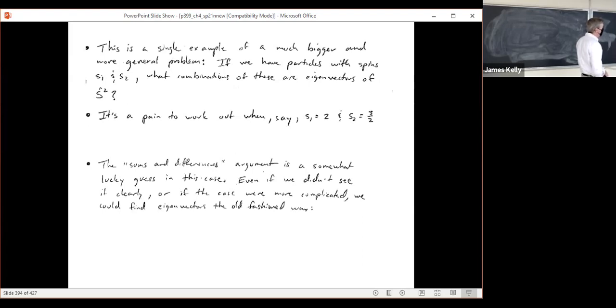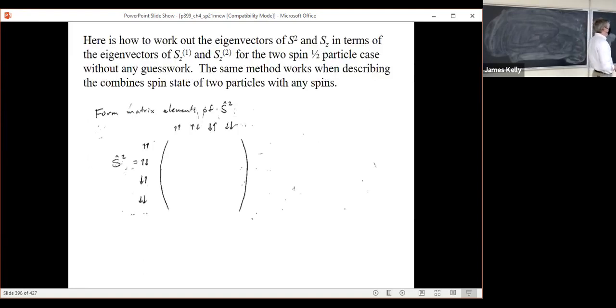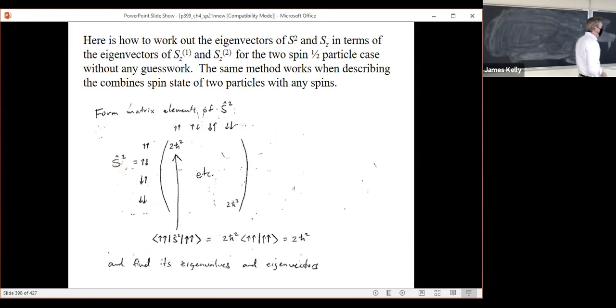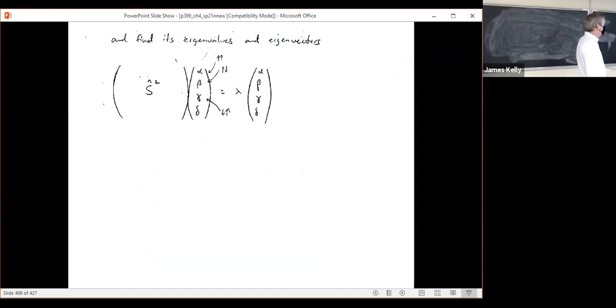Since that sums and differences argument is not going to work out in general, we do it the good old-fashioned way. We said there's a 4-dimensional vector space, which means we have 4 basis elements. We're going to write out a 4x4 description of what S squared is in this basis and find its eigenvalues and eigenvectors. We fill in the matrix elements the same way we've always done, using standard linear algebra techniques.